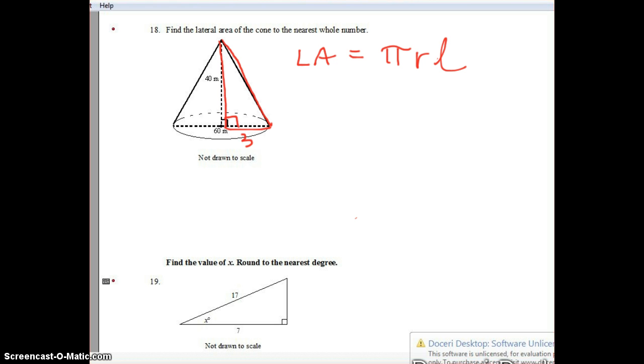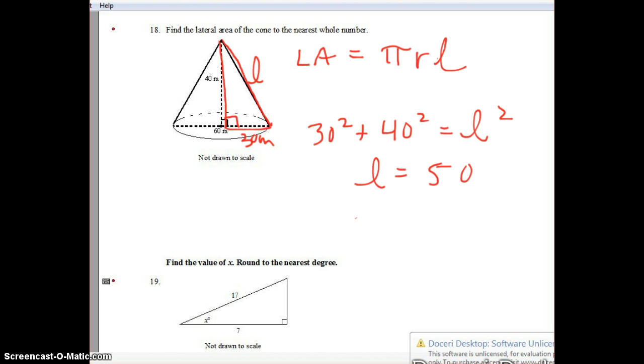This is going to be 30 meters because the entire diameter is 60, and then do the Pythagorean theorem to find the slant height. So 30 squared plus 40 squared equals L squared. And if you work that out, you'll find that L is actually equal to 50.